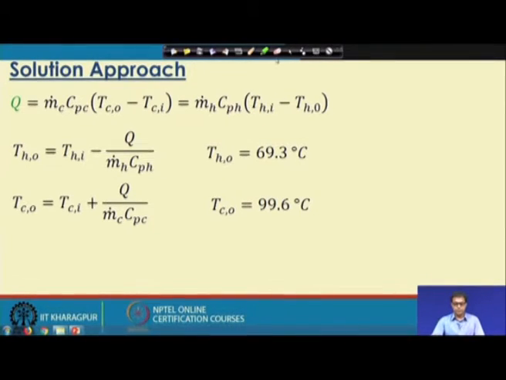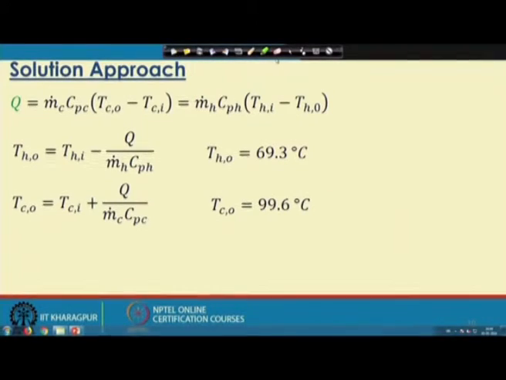But after we have designed the heat exchangers, we may have a situation where some of the operating conditions change with time, or we are deliberately forced to change the operating condition, and how the heat exchanger performance varies with that change is an interesting parameter.